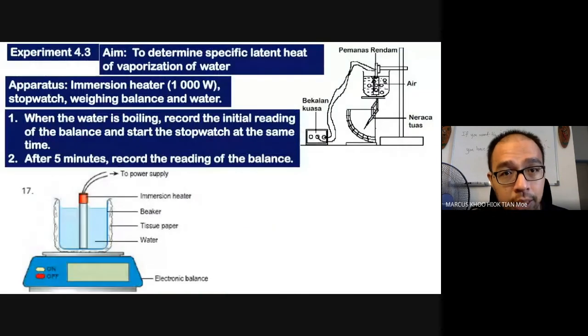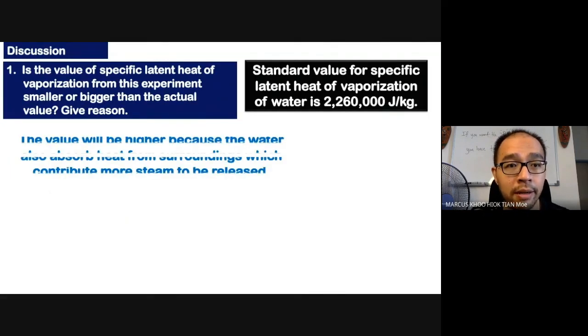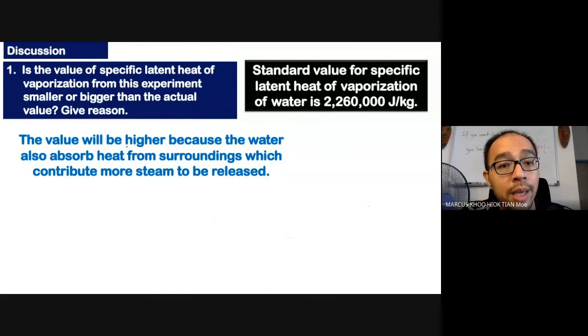The next one is the specific latent heat of vaporization of water. It is the same. We put the heater into the water, and then it will heat up. But what we will find is the same thing. We will find that the value of the experiment will be higher than the actual value, which is 2.26 times 10 to the power of 6.